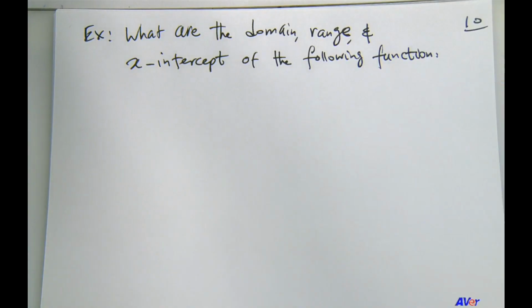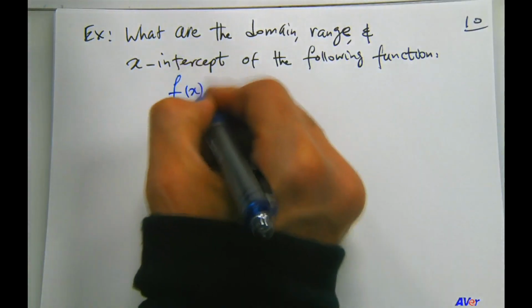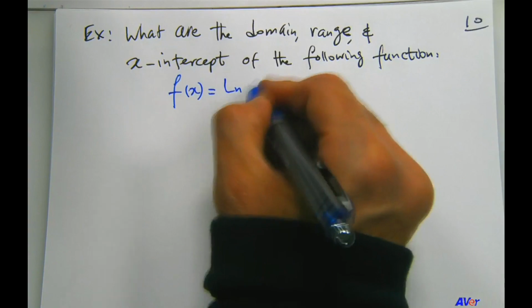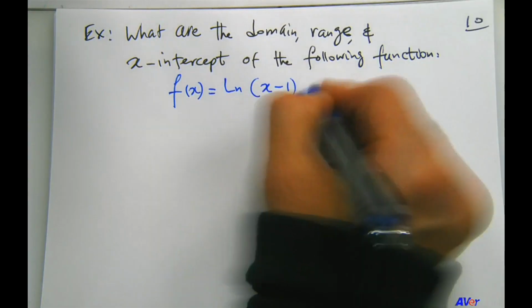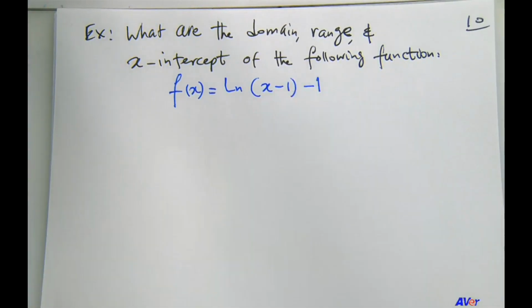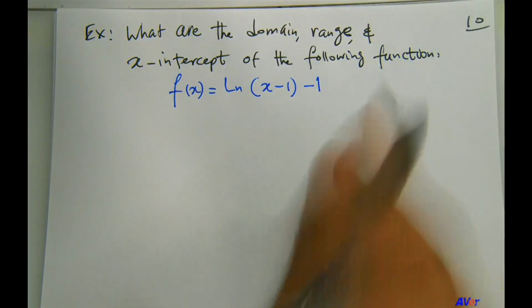Okay, so here's the function: f of x equals natural log of (x minus 1) minus 1. And also, they want us to sketch the graph.